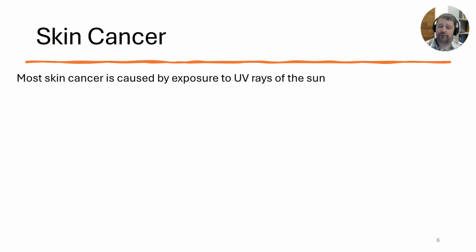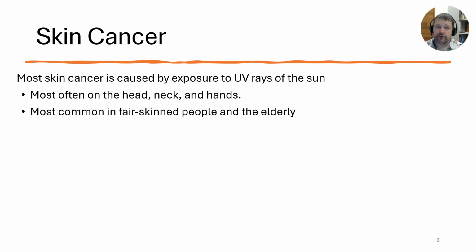Okay, but in this case, it'll make thymine bind with itself. Okay, that can cause a mutation, and that mutation then can be passed on. Okay, and then you can have a mutation which causes the cell to just keep replicating itself. And that's really what cancer is, uncontrolled cell growth.